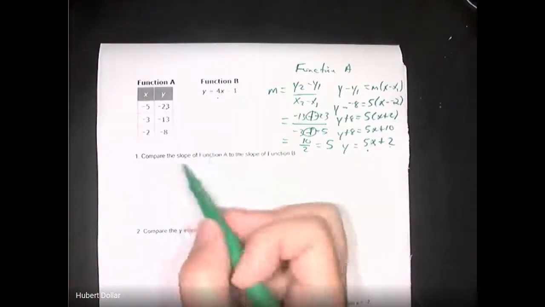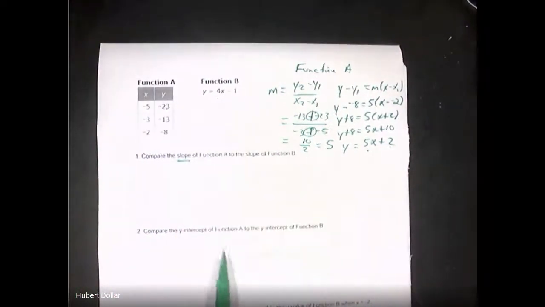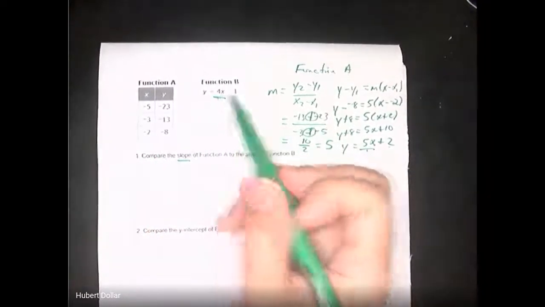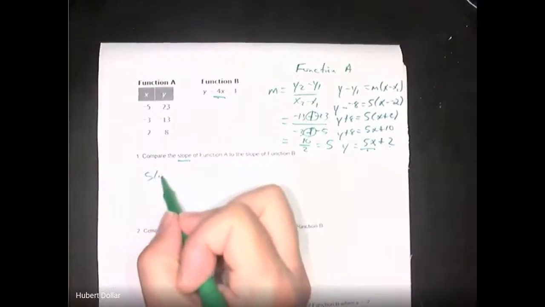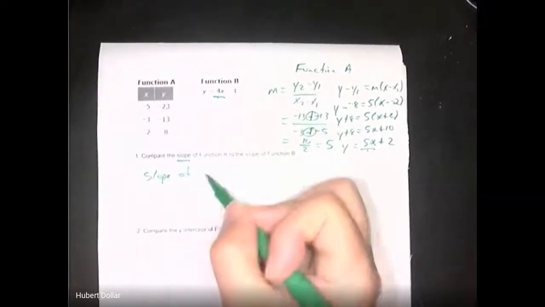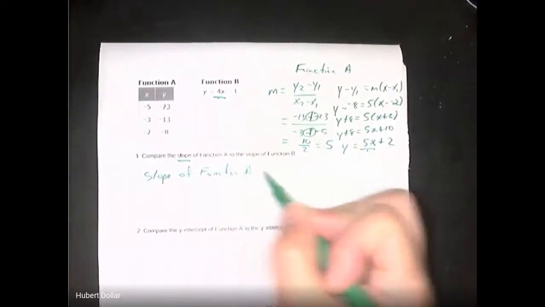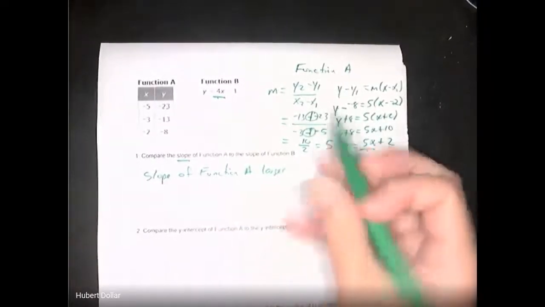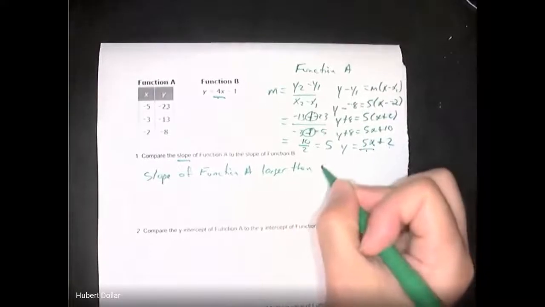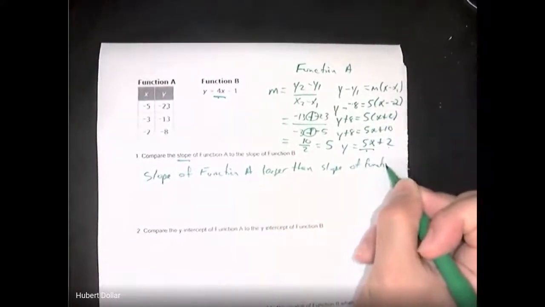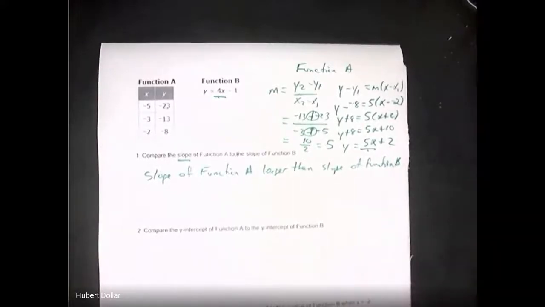Now, comparing the slope. Well, the slope of A is 5, and the slope of B is 4, so we say the slope of function A is larger than the slope of function B. We can compare the y-intercepts.